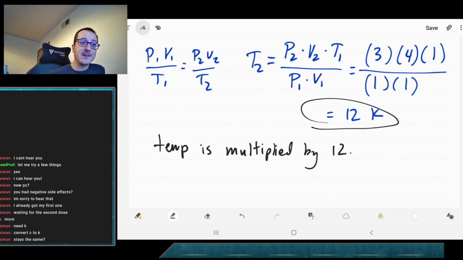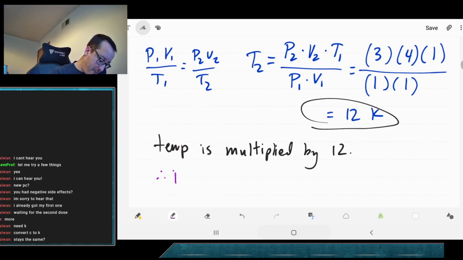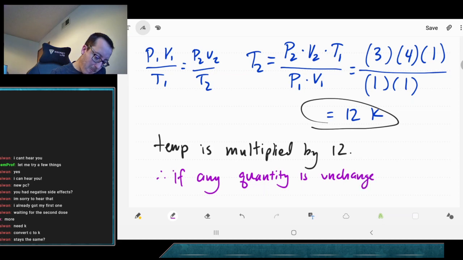All right, and so again, you're using this equation for changing things. If you're changing any of these quantities, you can change just one quantity, you could change 2 quantities. You have a lot of freedom with this. Just one more thing to note with this equation is if any quantity is unchanged, it can be omitted.